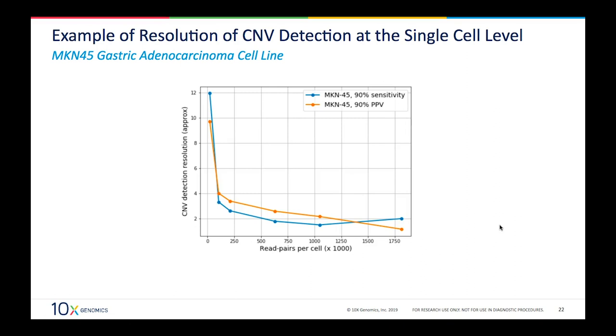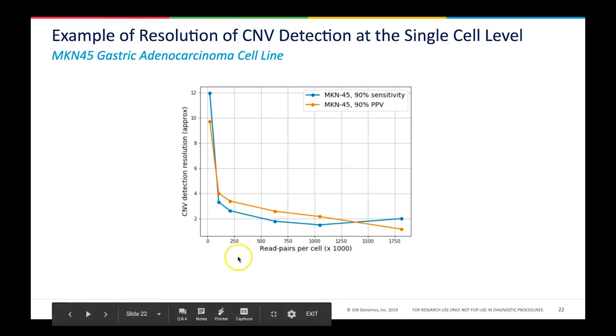For example, this is an example where we have run this MKN49 gastric adenocarcinoma cell line, which is a cell line that has a ground truth where we could actually look at how well the copy number variations found in the cell line are being detected by our algorithms. And you can see, on the x-axis, how many reads you're allowing per cell.